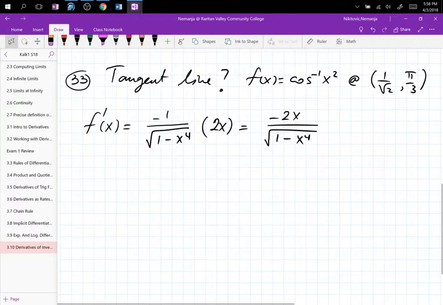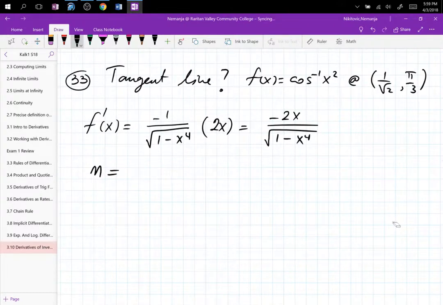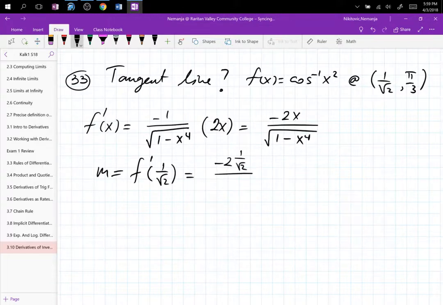So now that I have the derivative, slope m is the derivative computed at the point x, which is 1 over root 2. So that's going to be -2 times 1 over root 2 divided by the square root of 1 minus 1 over root 2 to the 4th.